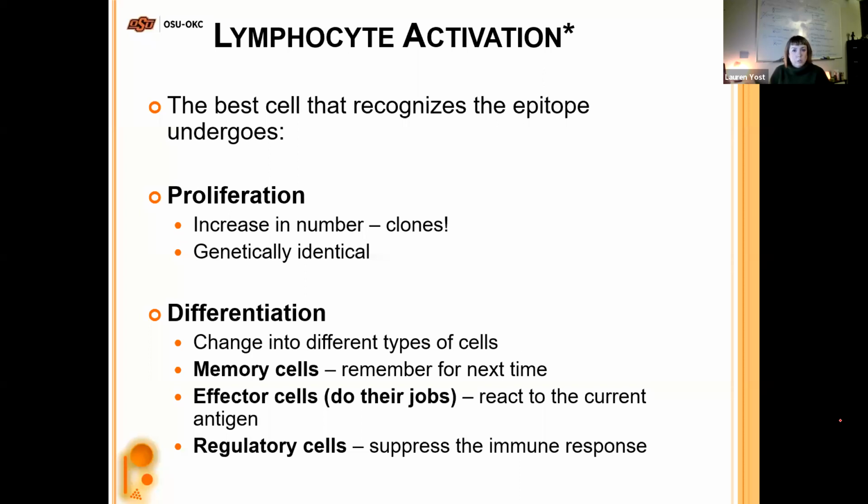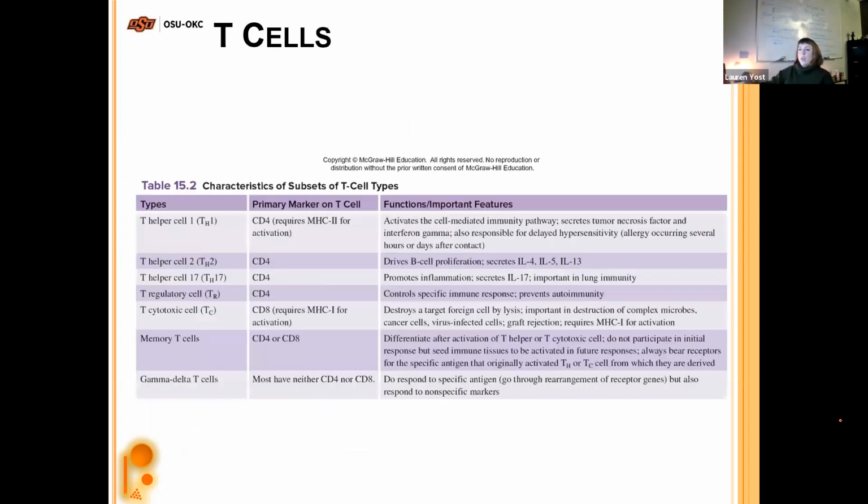And then those cells that were exactly the same are going to differentiate. They're going to change into different types of cells: memory cells for remembering next time, effector cells doing whatever their job is, and then regulatory cells. They're going to help with suppressing whatever the reaction is that's going on out there, so it's not getting out of hand.